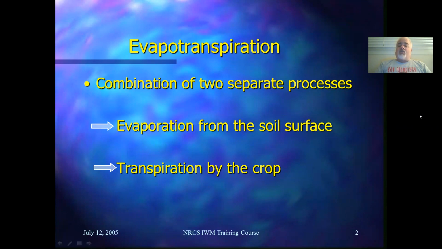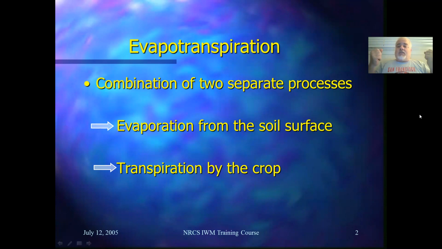In addition, you have transpiration from the crop. So evaporation is water that turns to vapor, gas, and it goes into the atmosphere directly from the soil surface, but transpiration goes through the plant, and it's still liquid water in the plant that turns to gas, but that's occurring almost exclusively in the leaves, to a small extent the stems.